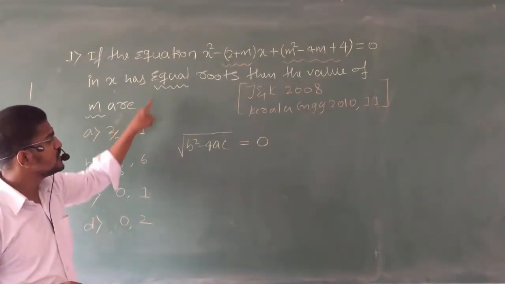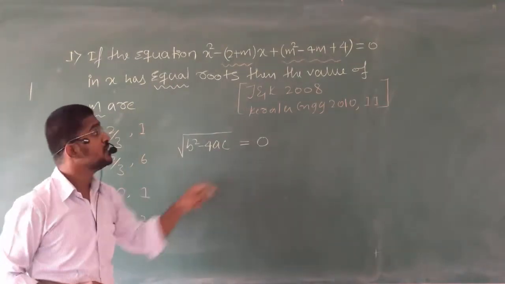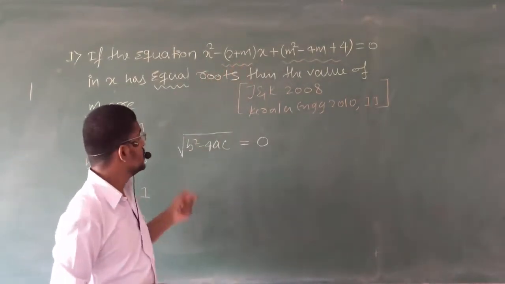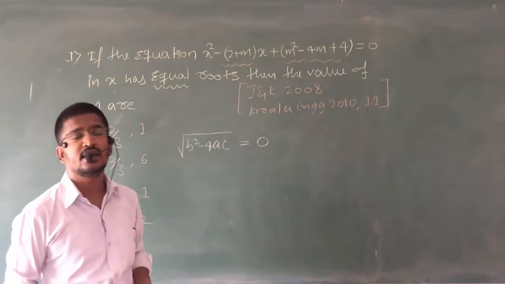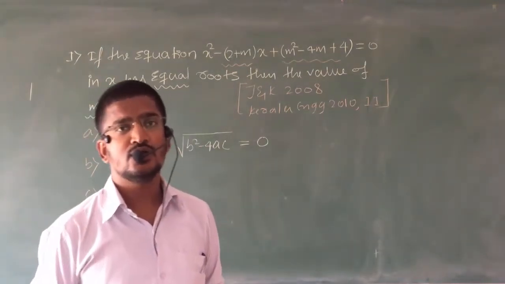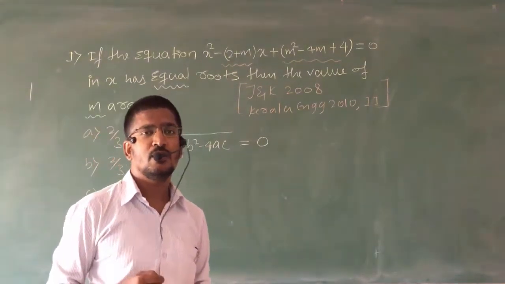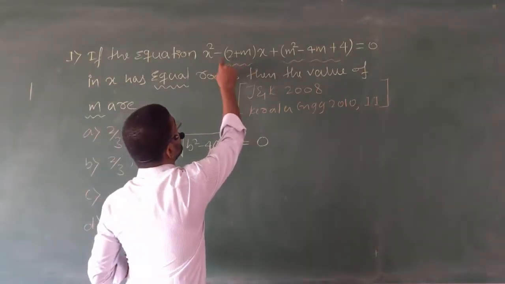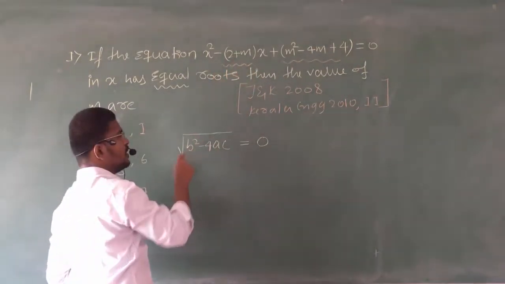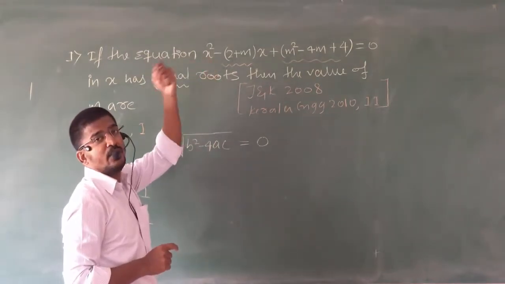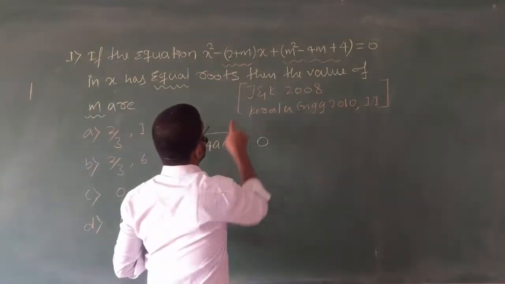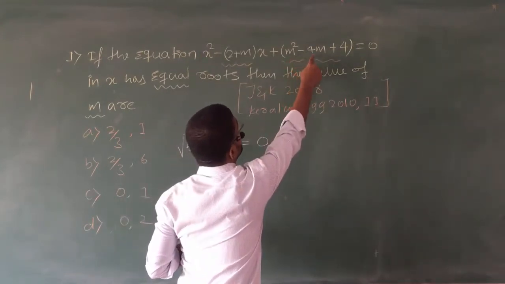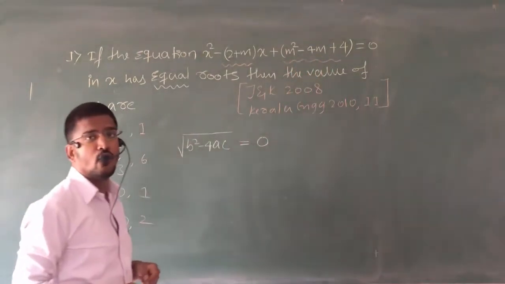For equal roots, the discriminant is equal to 0, and m is present in b, so you can use the discriminant to solve this particular problem. Here what is b? It is minus (2 plus m), so the minus will become plus. The a term is 1, the c term is m square minus 4m plus 4.